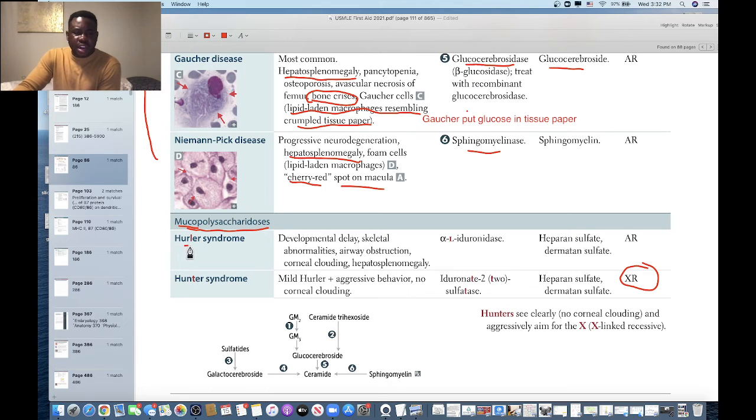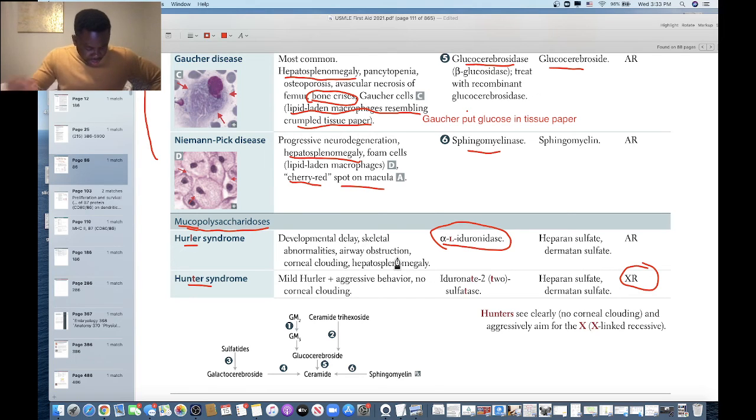We have Hurler and Hunter, right? Hurler is, take note, the L in Hurler means alpha-L-iduronidase. Now, the way I remember this is that they all have coarse faces.